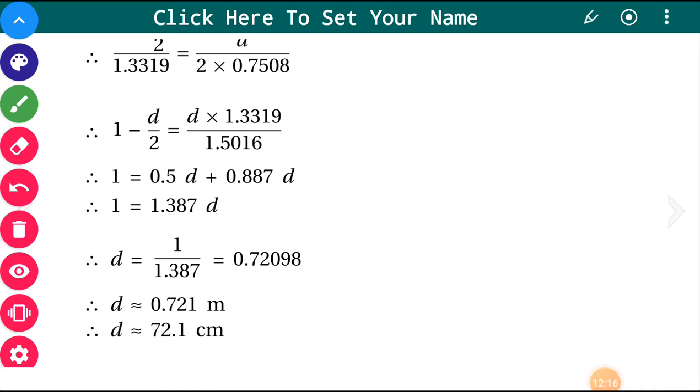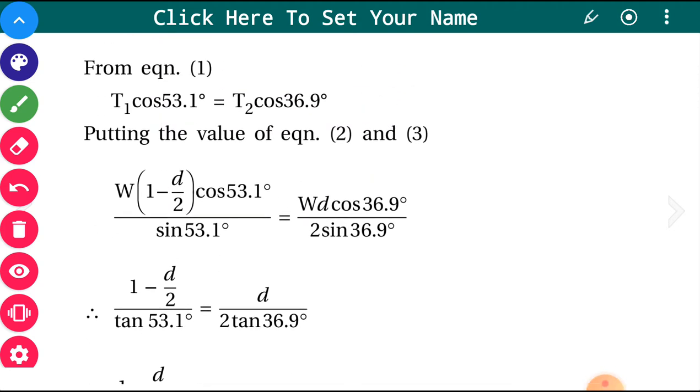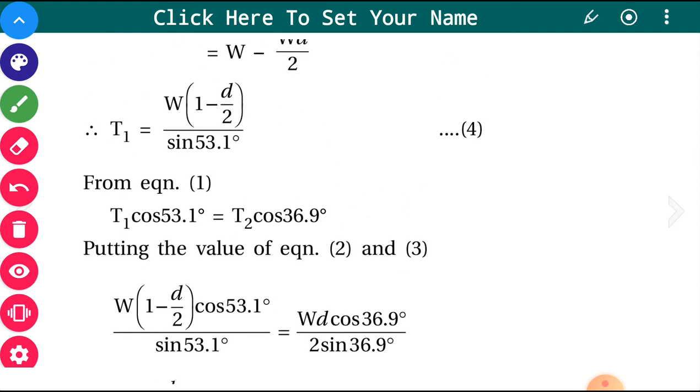Here we have to take into consideration the main thing: when these values are kept here, say T1, that T1 is taken from this equation. So instead of this T1 we have placed W into 1 minus D by 2 upon sin 53.1. Cos 53.1 remains as it is.